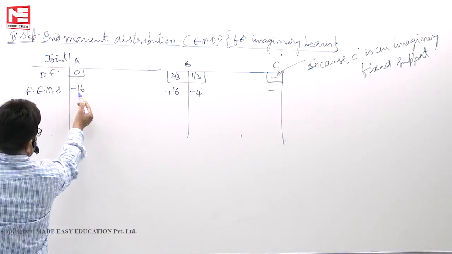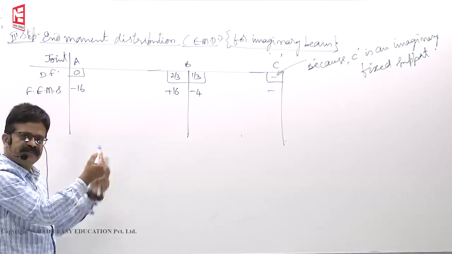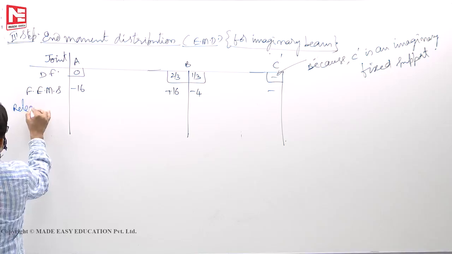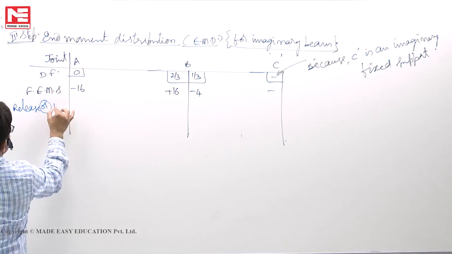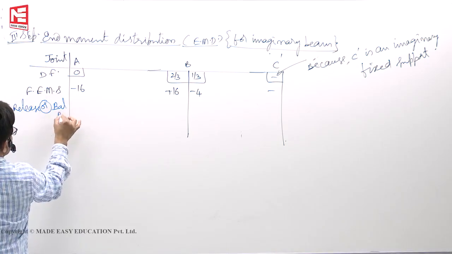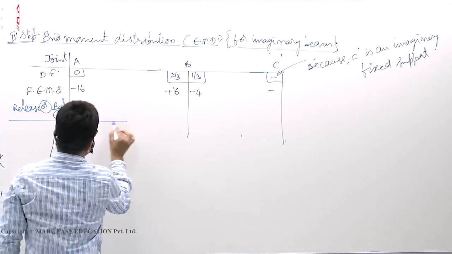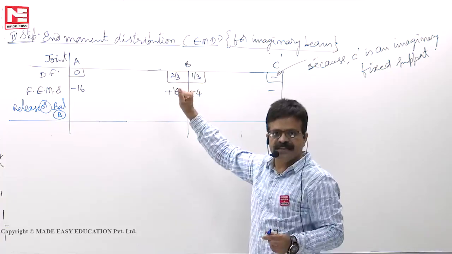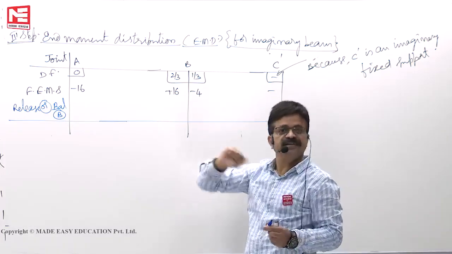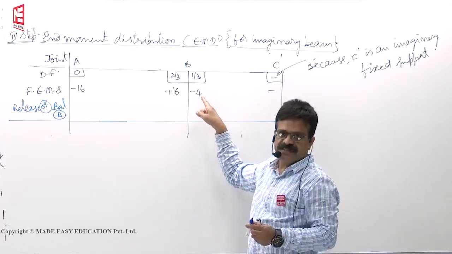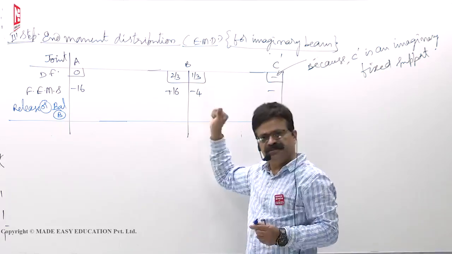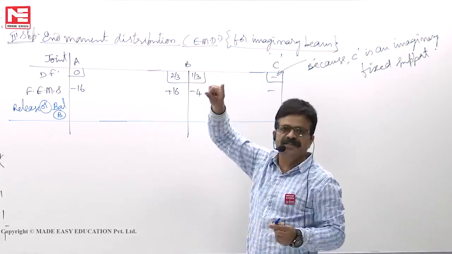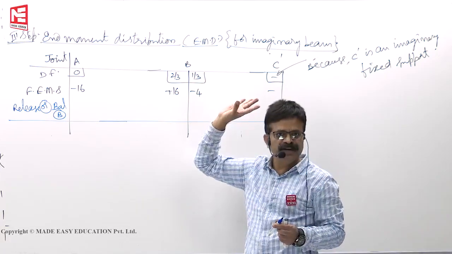Now this minus 16, because of the fixed support, will exist as it is. Now release B. Release B or balance, both mean the same. Now you see, plus 12 is to fix it. But joint B is not a fixed one. Unnecessarily you fixed it. Since you unnecessarily fixed it, you release that. To fix it, plus 12. To release it, you apply minus 12. The lock will be gone.